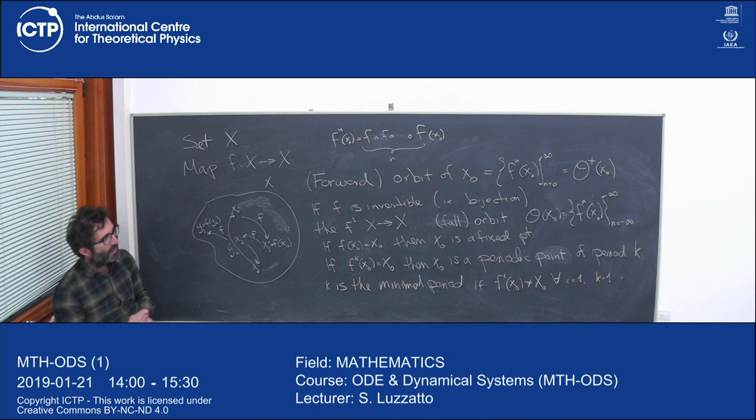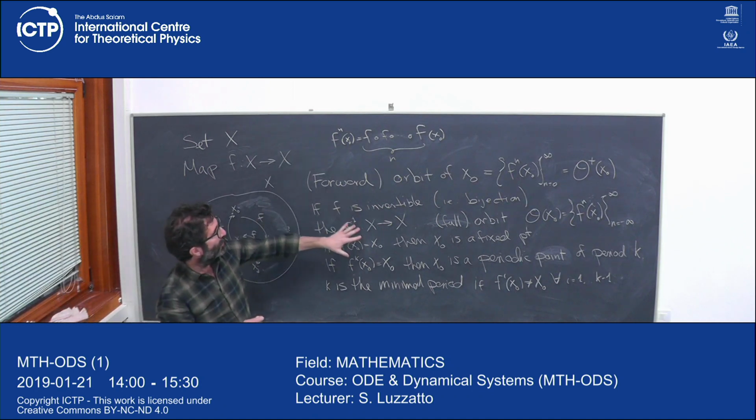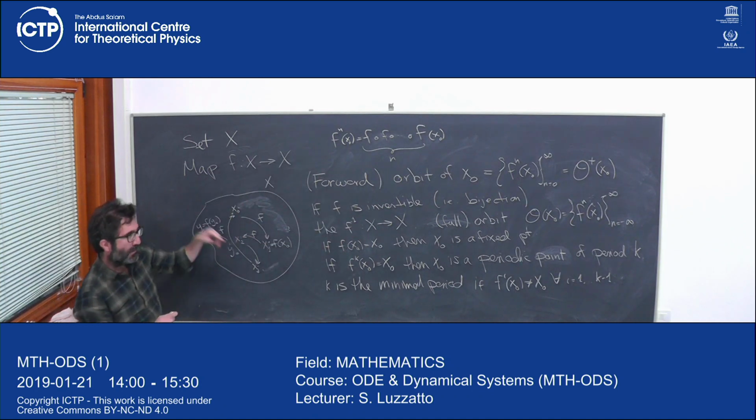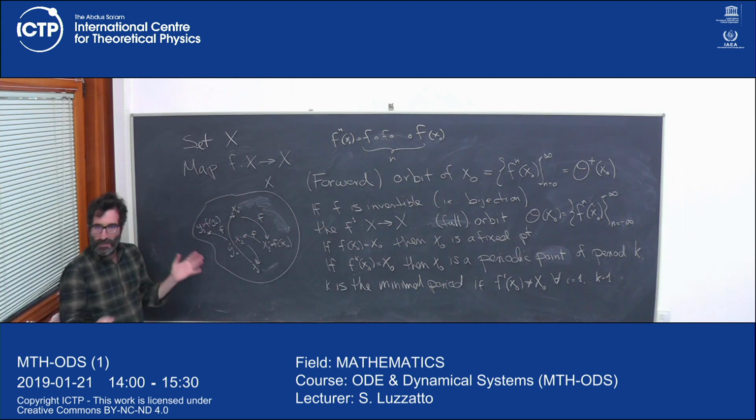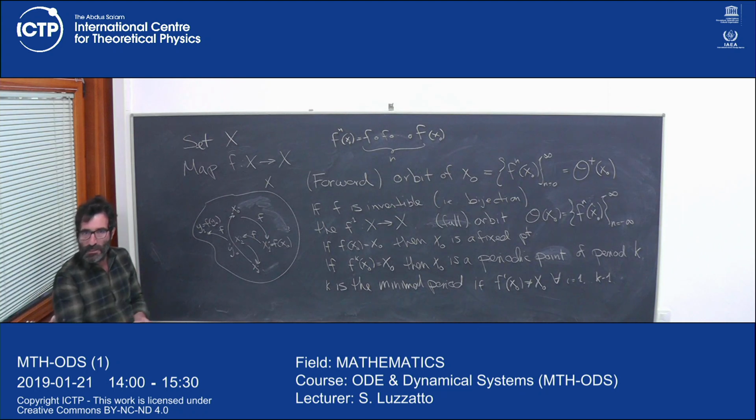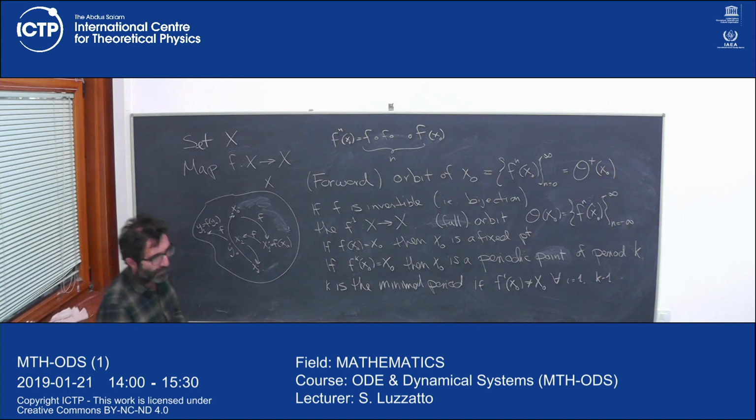But I do want to emphasize that the basic fundamental concept of a map and iterating a map and even fixed points and periodic points, they really do not need any structure at all, just a set and a map. Okay, so let's see some first basic examples, and then I will also introduce the other definitions.